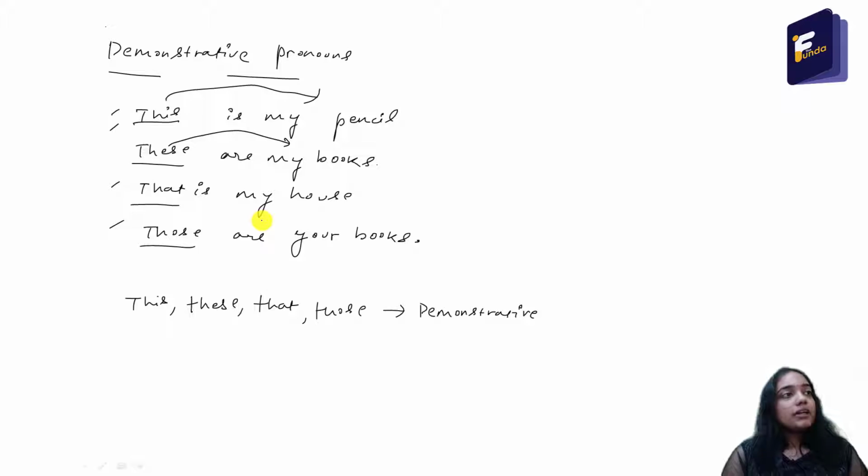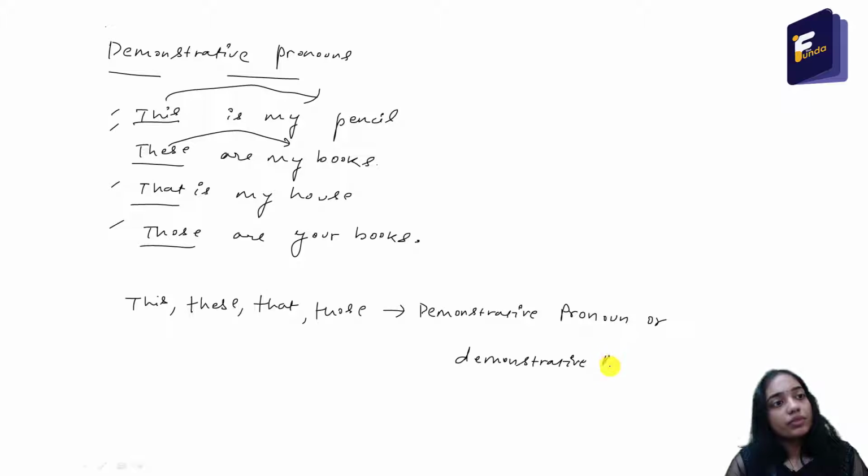Now, the same words this, these, that, those can either be used as demonstrative pronouns or they can be used as demonstrative adjectives.